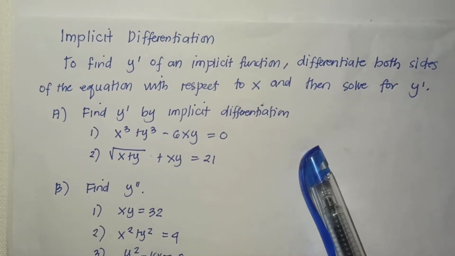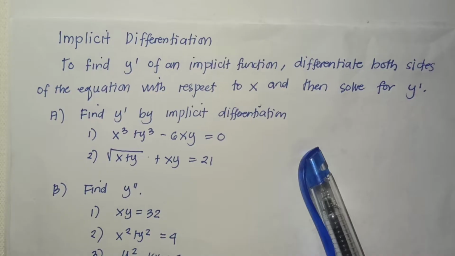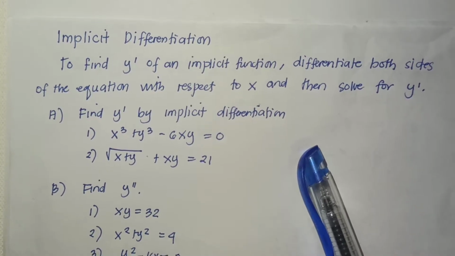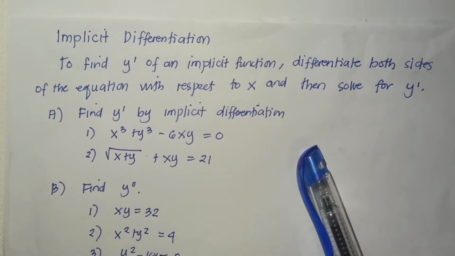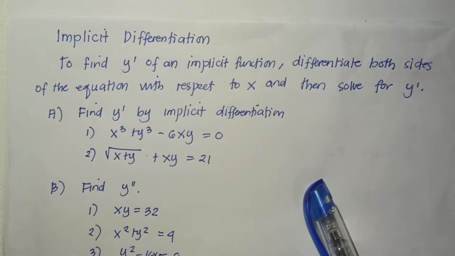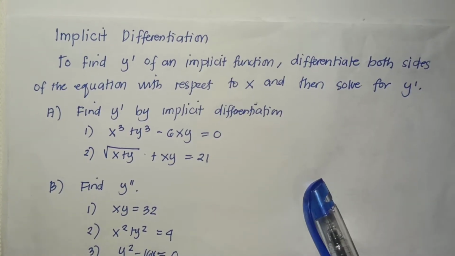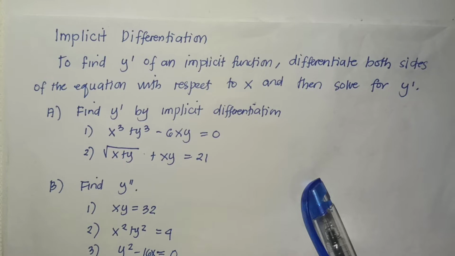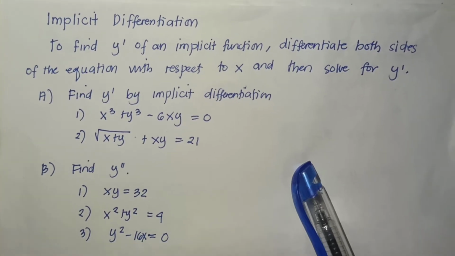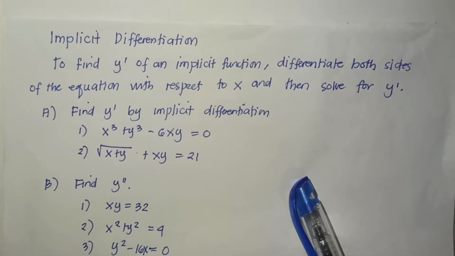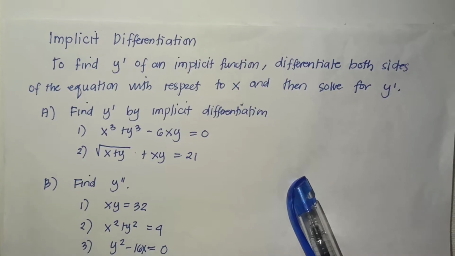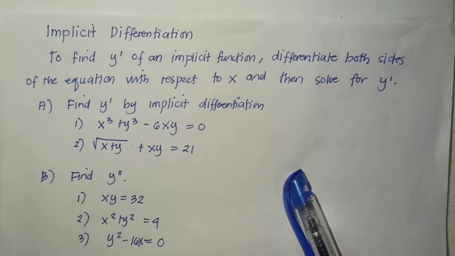So we have here five problems. Set A is: find y prime by implicit differentiation. Number 1, x cubed plus y cubed minus 6xy is equal to 0, and number 2, the square root of x plus y plus the product xy is equal to 21.